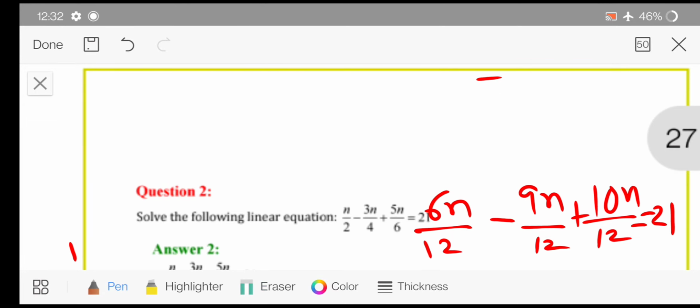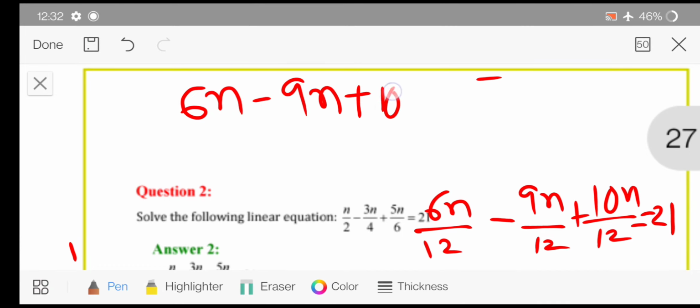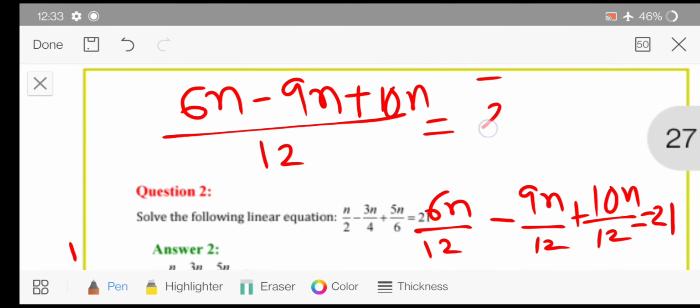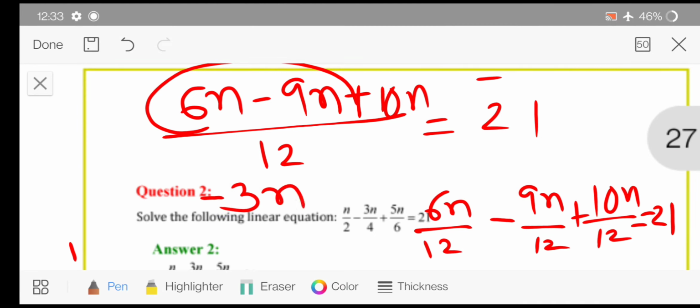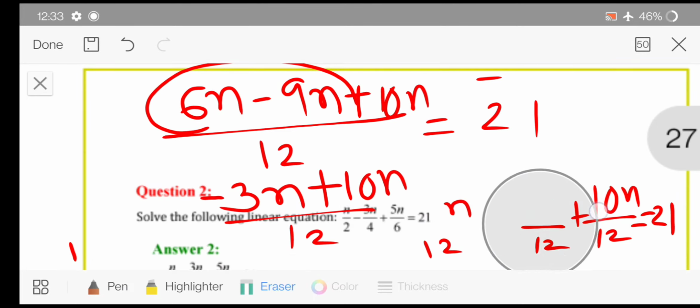So here your numerators are 6n minus 9n plus 10n upon 12 is equal to 21. So solve this. What will 6 minus 9 be? 6 minus 9 is 3, but 9 is greater, so it is negative, so here we will put minus 3n plus 10n upon 12 is equal to 21.